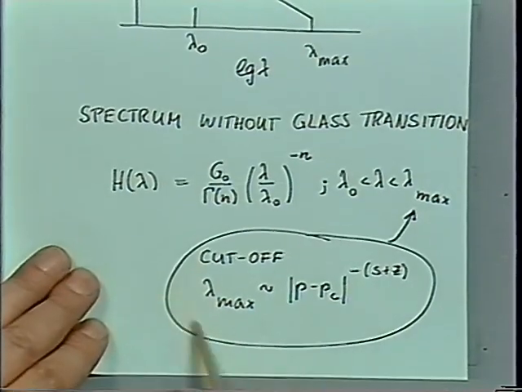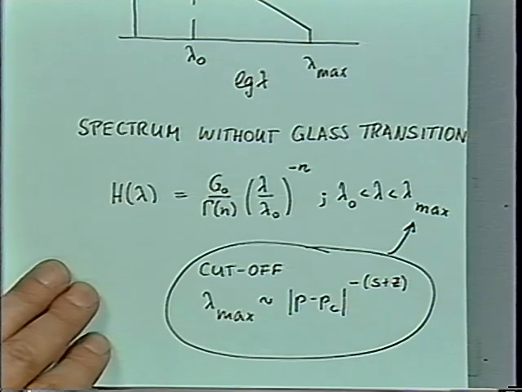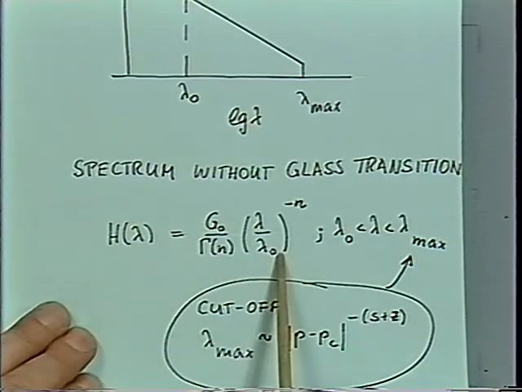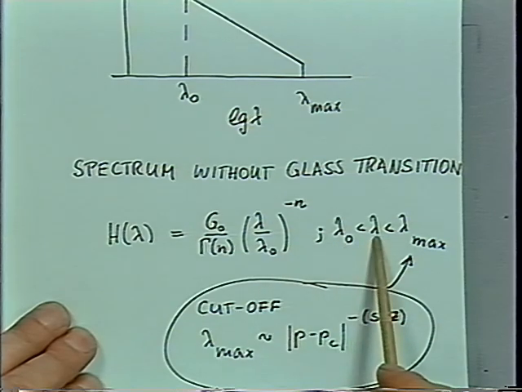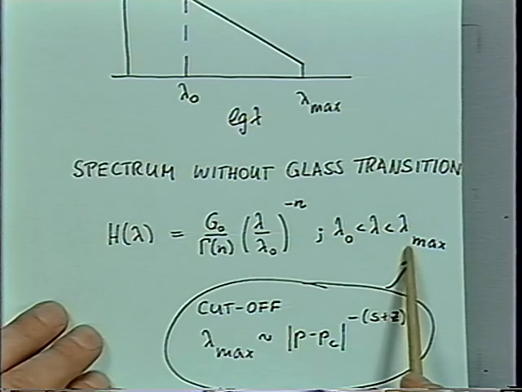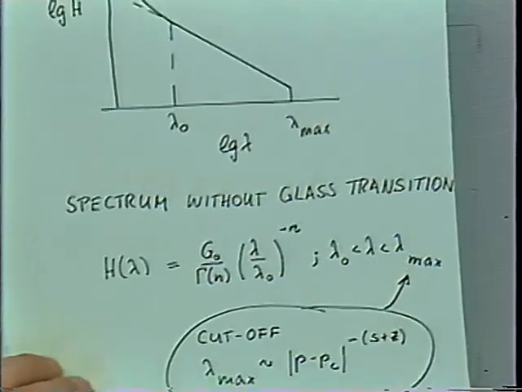So we are describing that here. And we could formulate the spectrum by just taking the spectrum as we had before, but having lambda going from lambda 0 to the maximum relaxation time. We have an upper cutoff introduced, and that's describing the behavior very nicely.